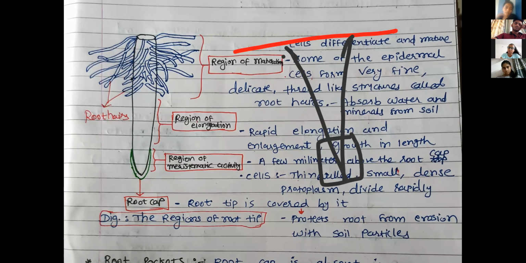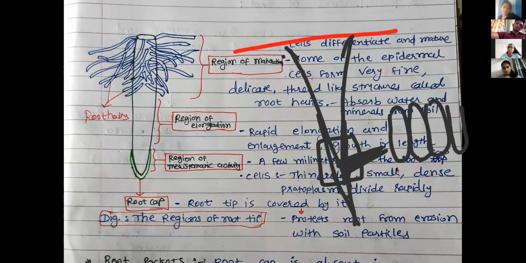Now next thing, when this part further grows, the cells which are formed during the meristematic activity undergo elongation. Cell wall shows its elasticity and lengthwise growth takes place. Nucleus is present.